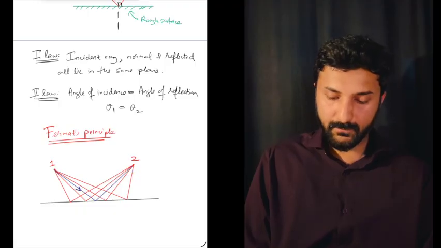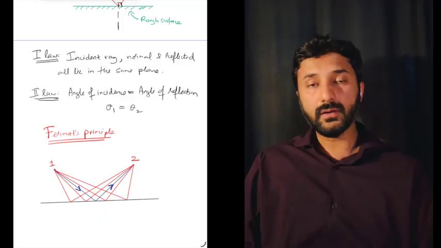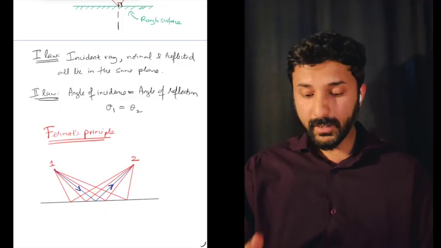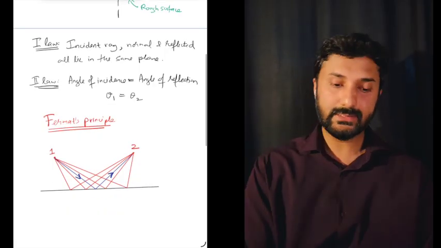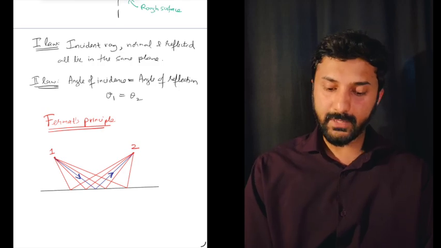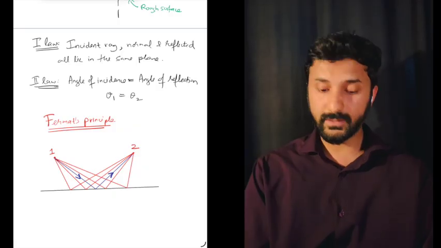So this blue one. Of all the paths that light could take, bouncing off the mirror, it's going to take this one path, and this one path will be the one for which the time is the least. So it's the quickest path. And there might be other paths that may be shorter, but the quickest path is the one that light's going to take.